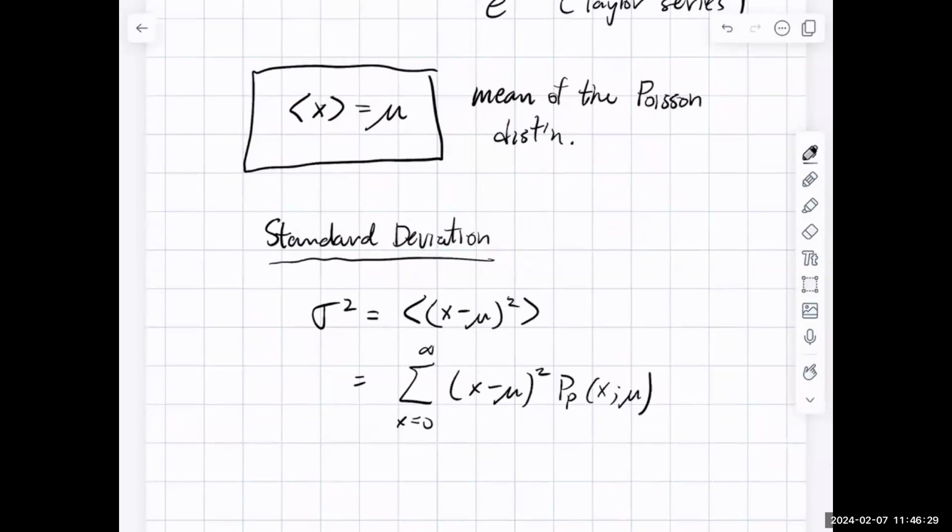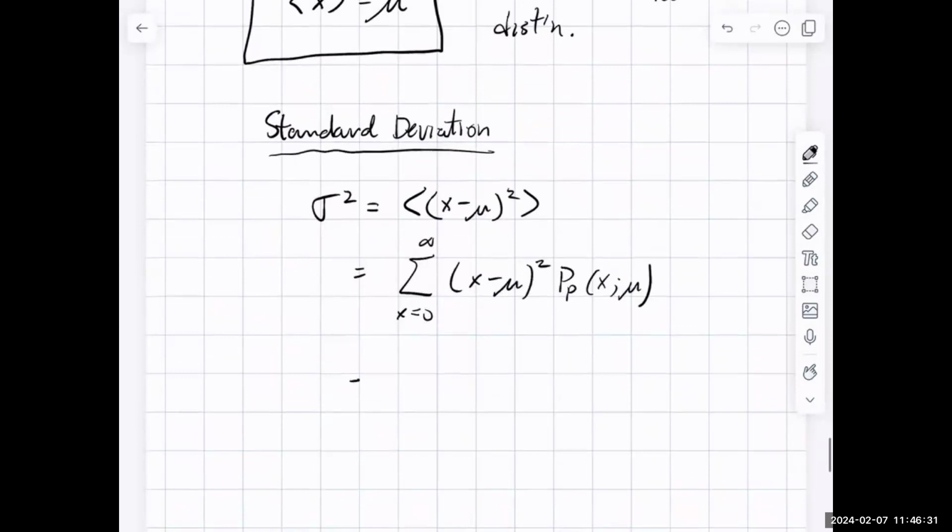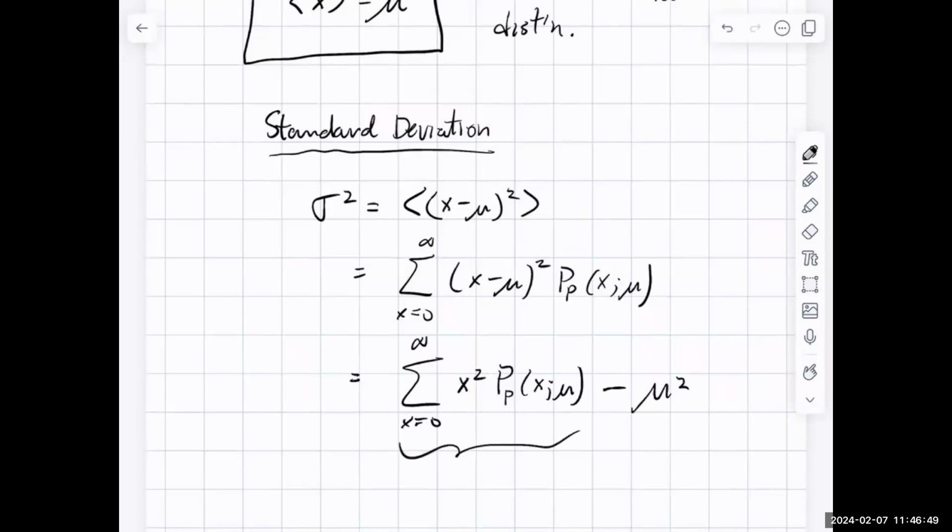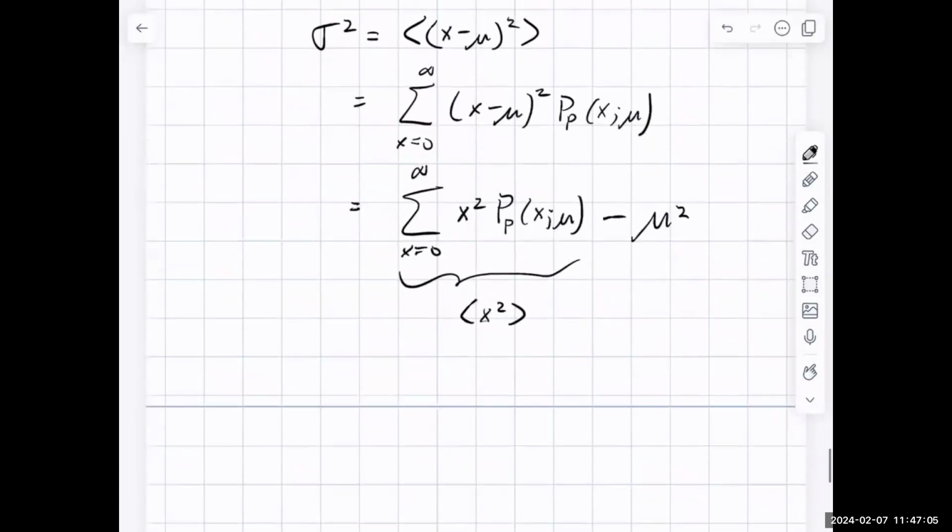But that's the same thing as the average of x squared times the Poisson distribution minus mu squared. Okay, and so this is just the average of x squared. All right, so if you do this calculation here, what you'll find is that you could calculate a result for sigma squared.